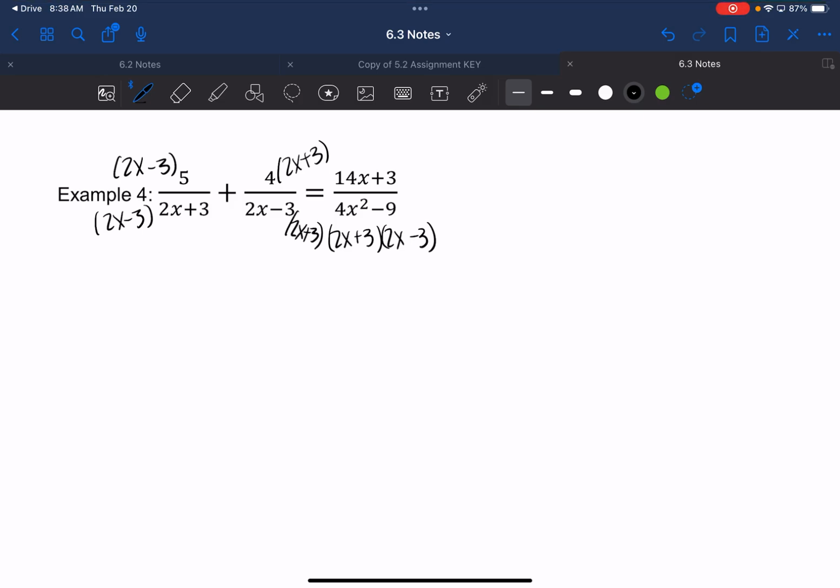Okay. So now that we have a common denominator, I only care about the numerators, right? So here, 5 times 2x, 5 times negative 3. What's that going to give us? Good.